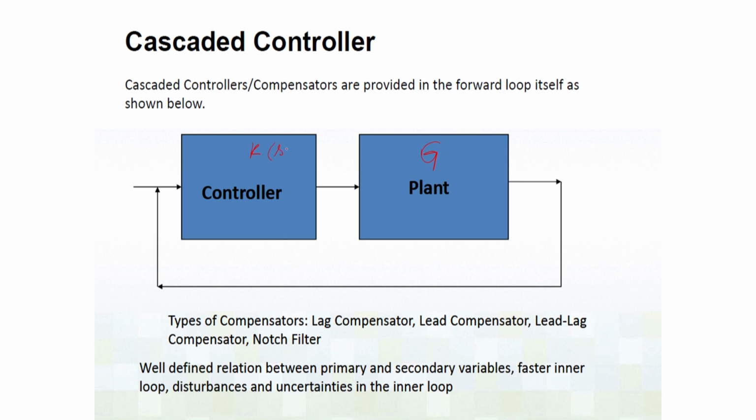It will become K (S plus A) over (S plus B). That means the system can have a zero as well as a pole.